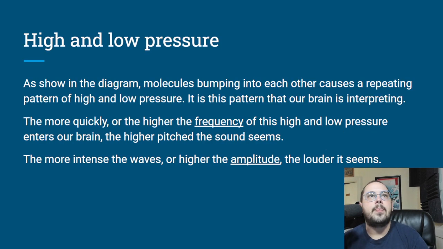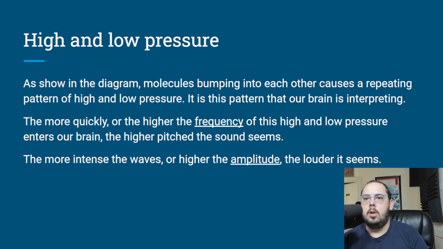Okay. So, as I mentioned, we have that high and low pressure, and that causes this repeating pattern of pressure. When that hits our ears, that is what we are interpreting as this high and low pressure difference. And the more quickly, the higher the frequency of this pressure difference that enters into our ears and goes to our brain, that's what perceives the pitch.